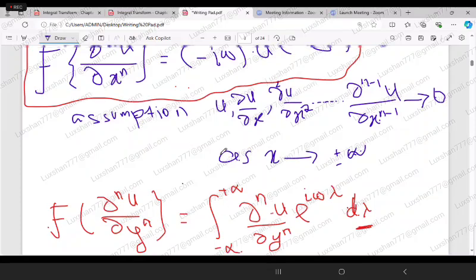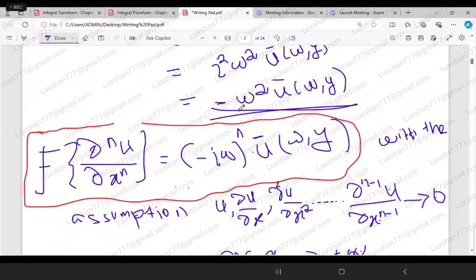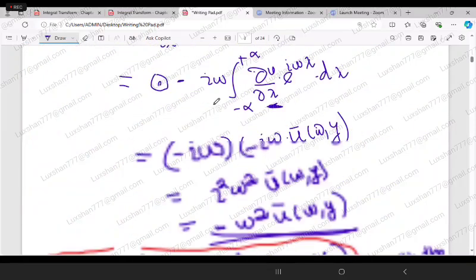Actually I am just using the definition of Fourier transform.